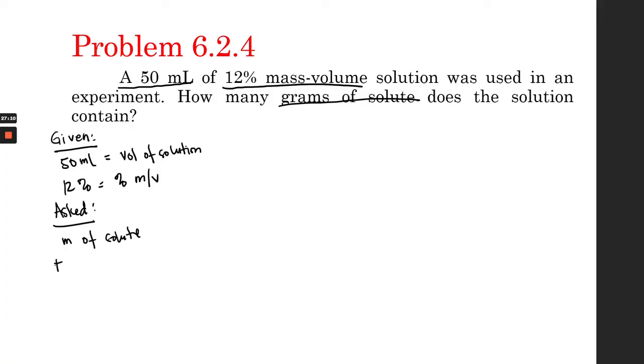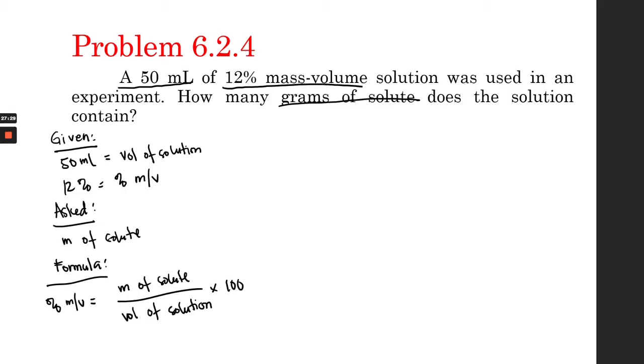So how are we going to do this? Basically, we just have to rearrange the formula, which is percent mass volume equals the mass of solute divided by the volume of the solution multiplied by 100.